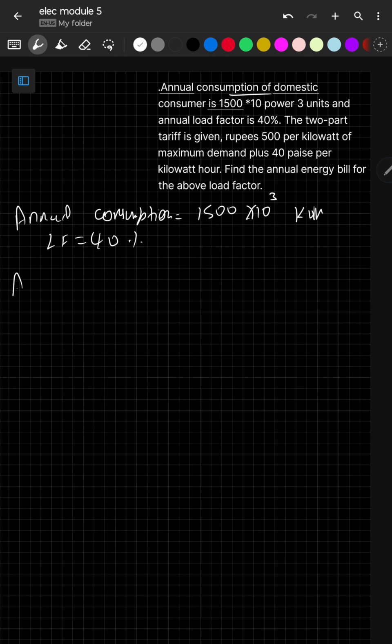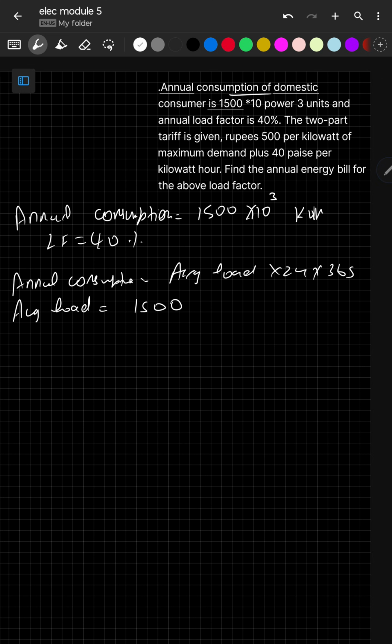So we have annual consumption equals average load into 24 into 365. Let's find the average load from this. That is equal to annual consumption, which is 1500 into 10 power 3 by 24 into 365. That will give us 171.2328. That's the average load.